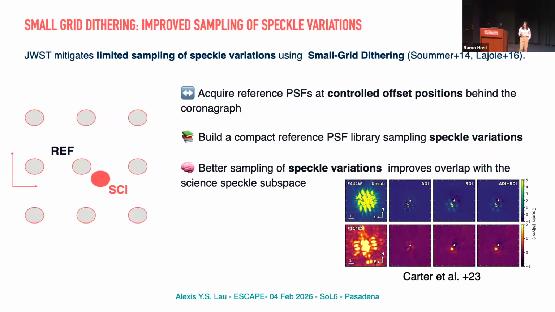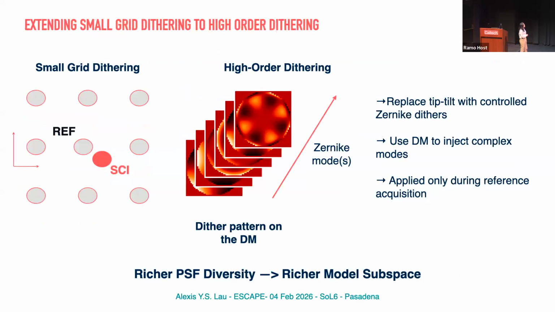For JWST, it's limited to two-dimensional motions, but Roman, by contrast, has deformable mirrors. So we will be able to extend the technique to even higher order modes beyond tip tilt. Here is the idea of how our group is planning to extend small grid dithering to higher order modes by utilizing the deformable mirrors equipped on telescopes like Roman.